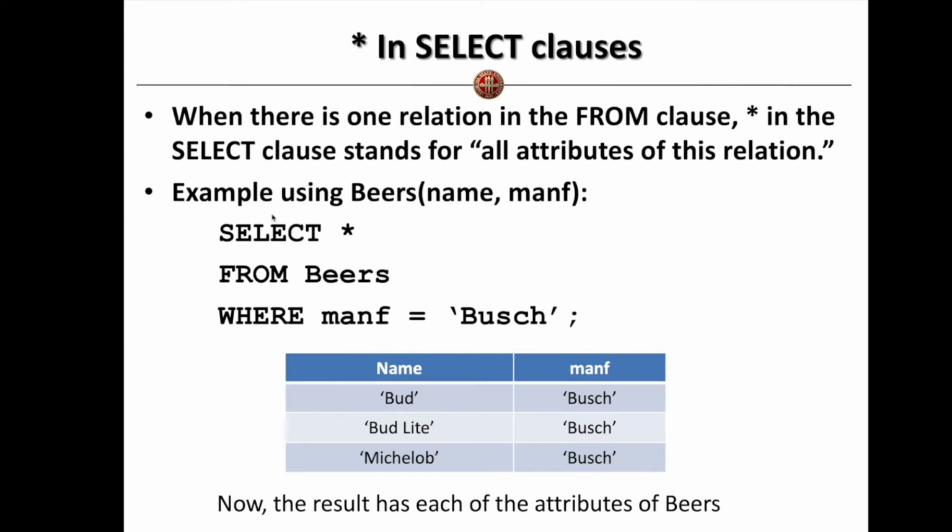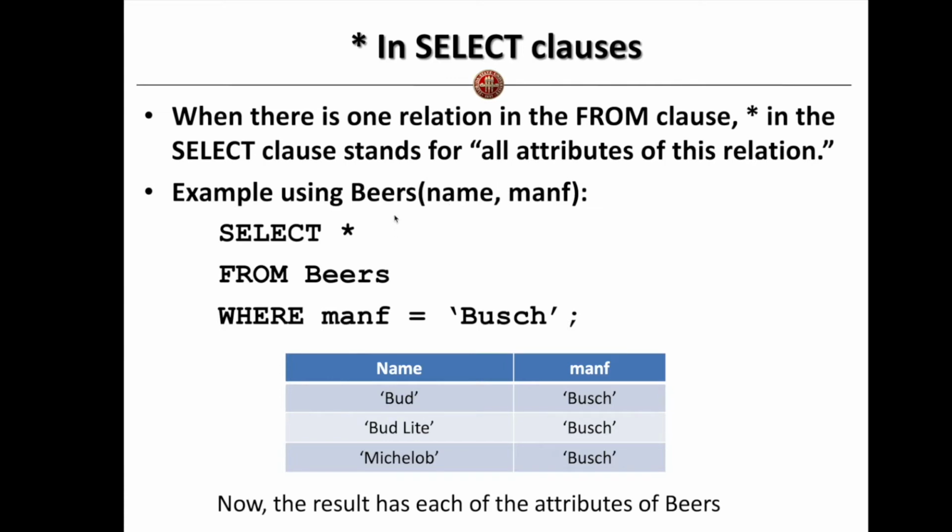Right? So we can have an example using the beers table we used before. We can select star from beers where manufacturer equals Bush, and the returned result will be like this. It will be a table, right? And this table will have two attributes because we select star here. Star means all the attributes, right?